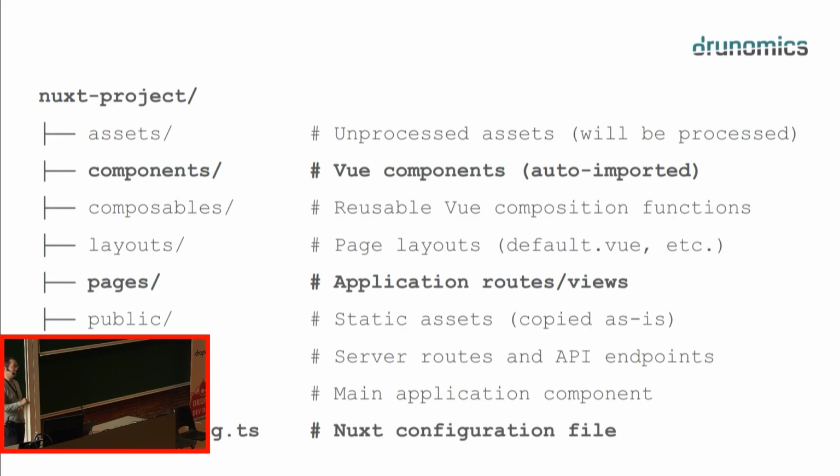For every file you put in there, Nuxt will automatically register a route. If you put a file blog.vue in there, /blog will be available in your application, and it will load that Vue component. And then of course there's the central Nuxt configuration file where all the Nuxt configuration goes.